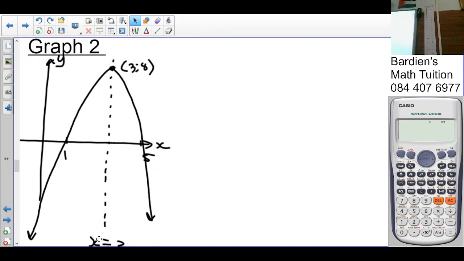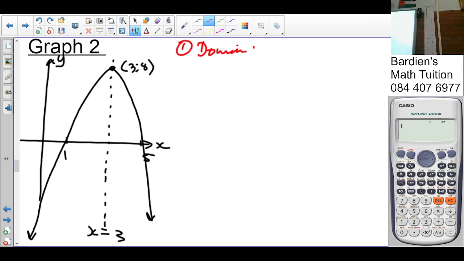The first question was domain and range. So what's my domain? All possible x values. Not so? So what is my domain with regards to this graph? X is an element of all real numbers.